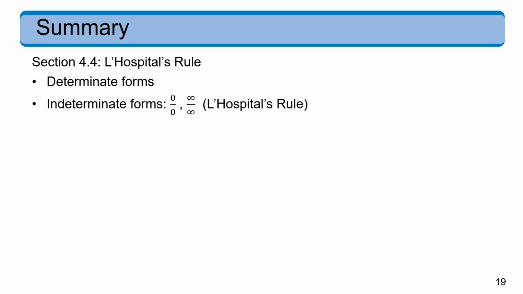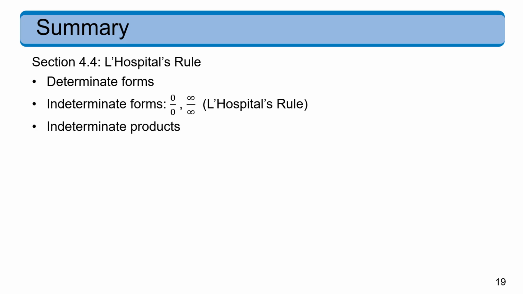Then we looked at our first two types of indeterminate forms, 0 over 0 and infinity over infinity. Those forms are not enough to tell you what the limit will be or whether it exists or not. But these are the only two forms where you can actually use L'Hopital's rule. So we learned how to apply the rule to limits of these forms.